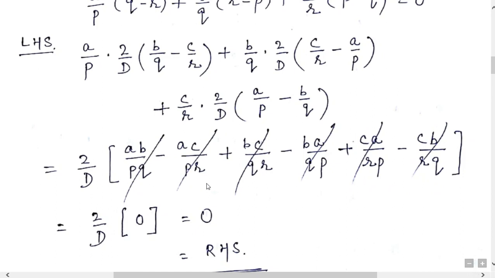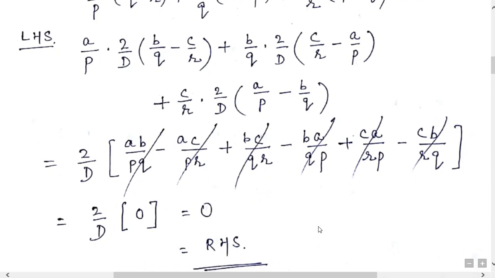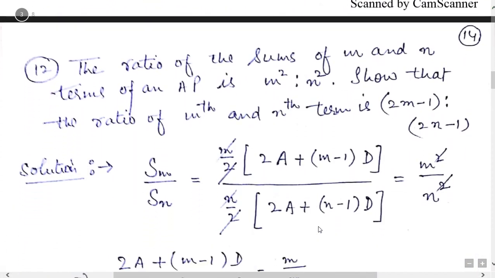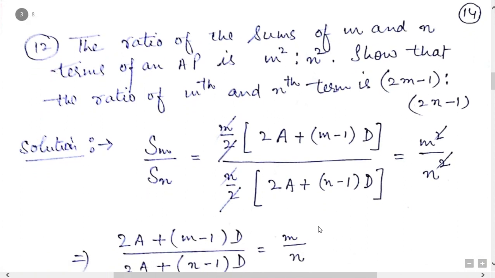AB over PQ, let us check, this one you can cancel. AC over PR, this value cancels, then BC over QR, this value cancels. It means answer is 0. It's equivalent to right hand side.